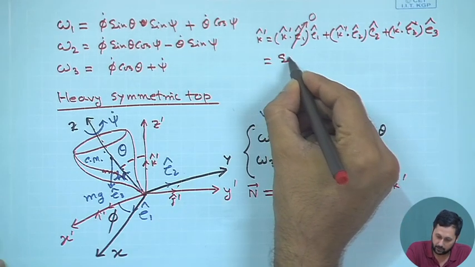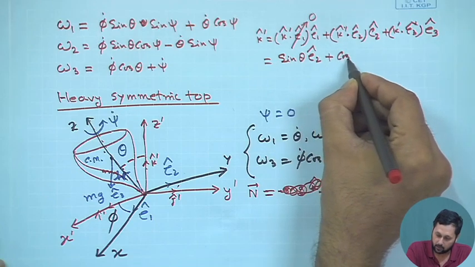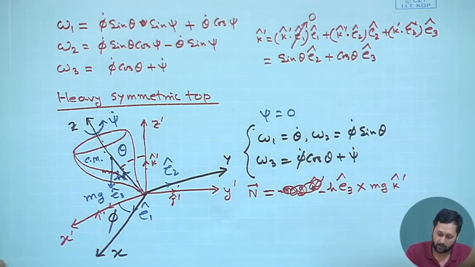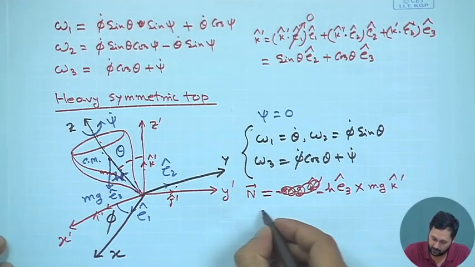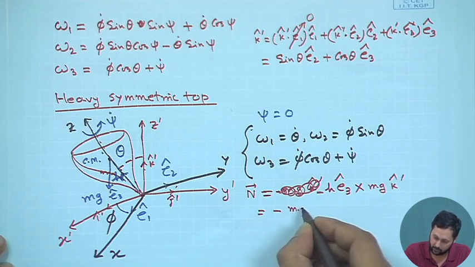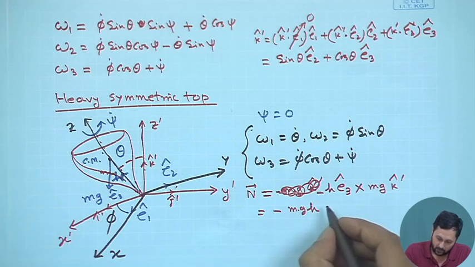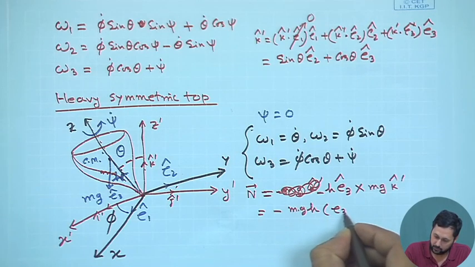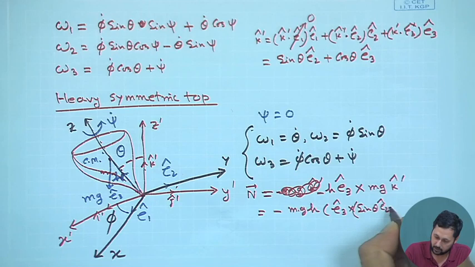So, we have sin theta E2 capped plus cos theta E3 capped, right. So, when we put this back in the expression of n, what we get is minus mgh, okay. So, E3 cap cross sin theta E2 capped plus cos theta E3 capped.